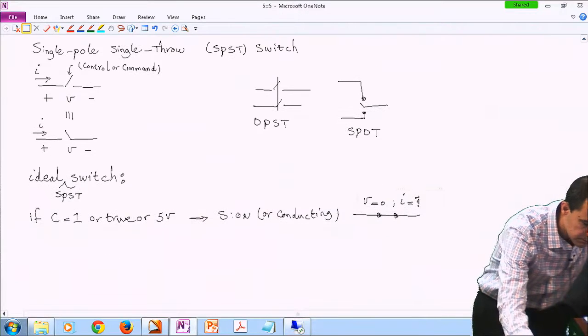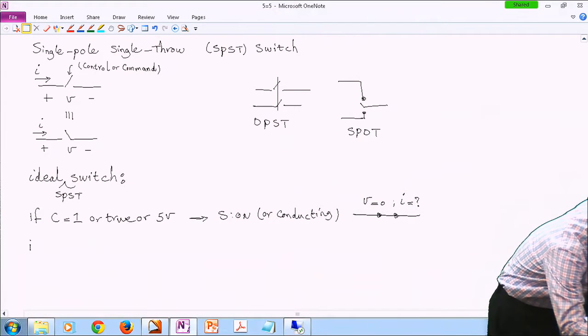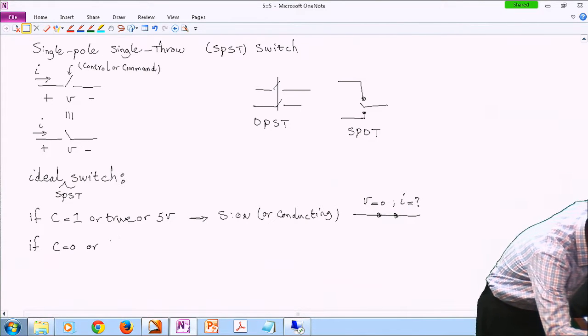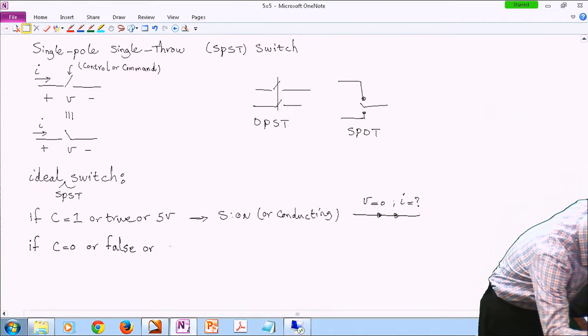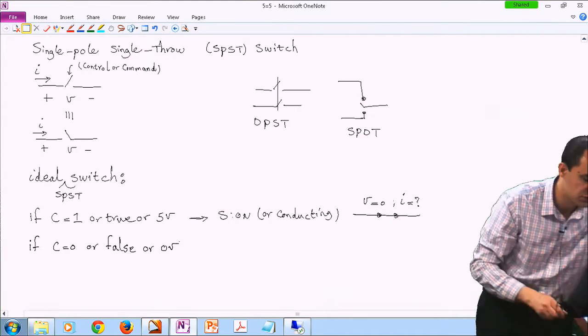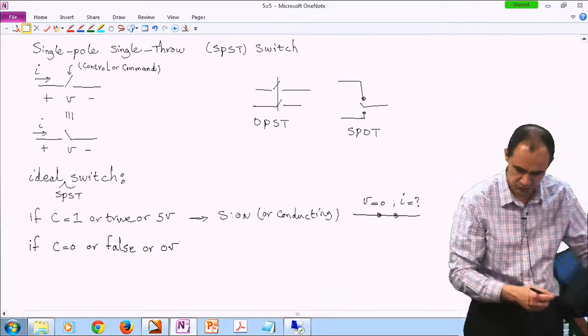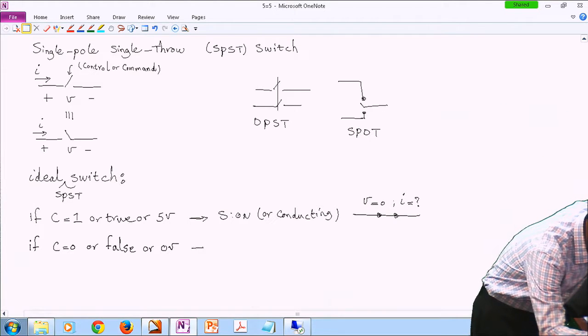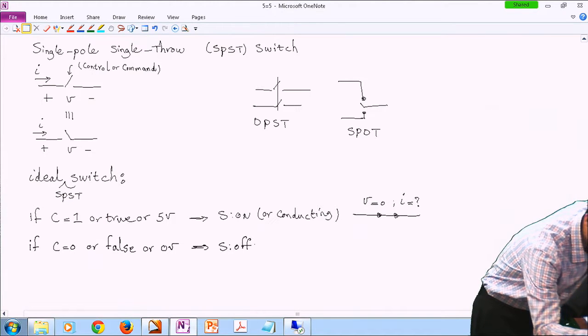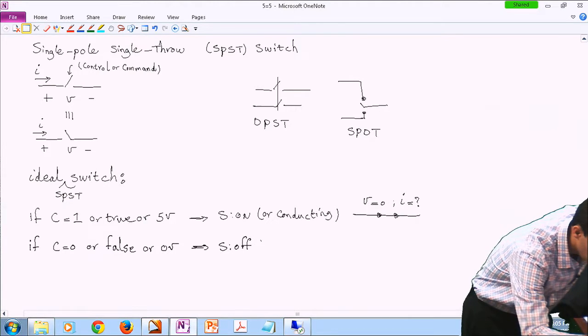And the other alternative is if the command is 0, or for instance false, or Boolean 0, or 0 volts, the switch is off or blocking.